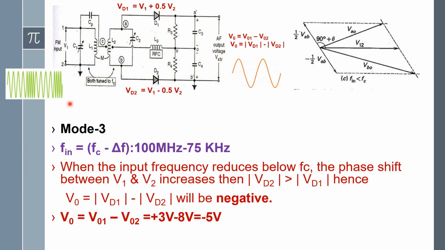Then the resultant potential is minus voltage or negative. So plus 3 minus 8, the net output voltage is minus 5. So we are generating both positive cycle and also negative cycle based on the frequency variation in the frequency modulated input signal. Whatever frequency variation is present in FM will be converted into amplitude variation by using the phasor discriminator.